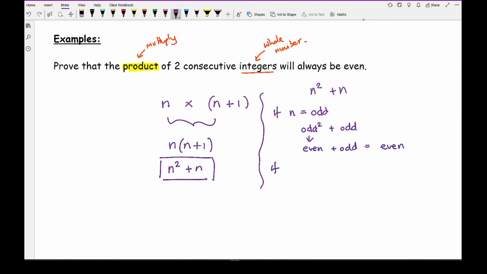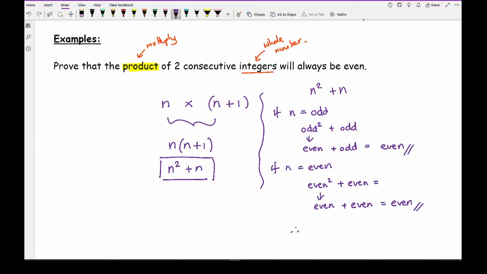Now if n was even, then I'm going to have an even number squared plus an even number, and an even number squared gives me an even answer, and an even plus an even gives me an even answer. So whether n was odd or even, the answer when I multiply two consecutive integers will always give me an even answer.